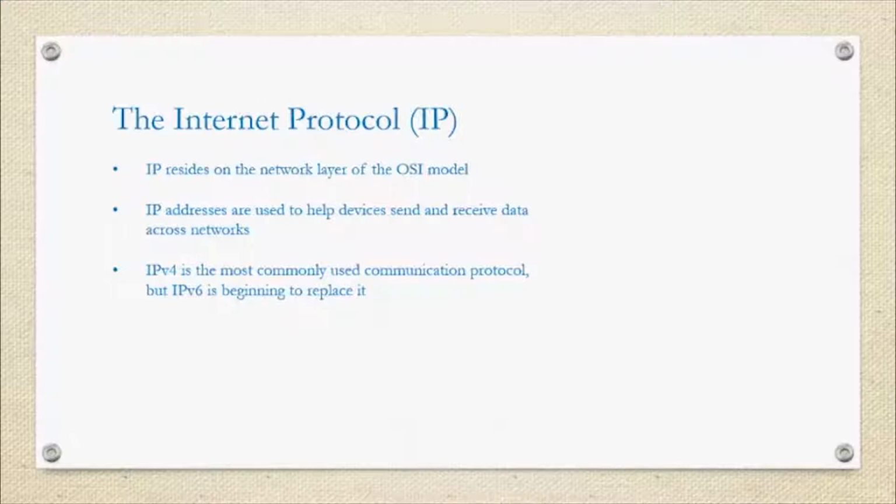They use addresses in order to make sure that the information goes to the intended destination. Now, IPv4 currently is the most commonly used communication protocol, but IPv6 is starting to replace it. It's already being used more and more widely everywhere.